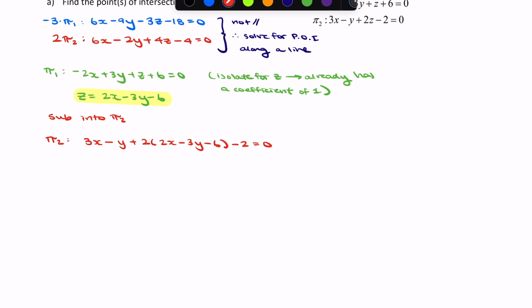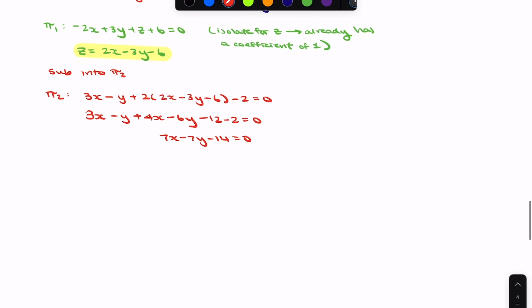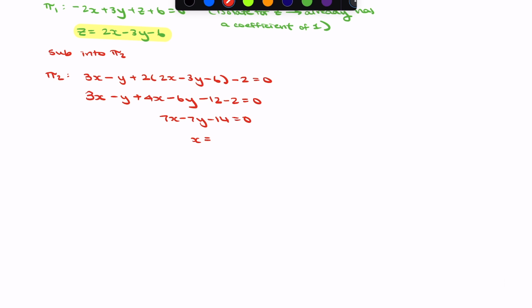If we expand that, we get 3x minus y plus 4x minus 6y minus 12 minus 2 is equal to 0. That'll leave us with 7x minus 7y minus 14 is equal to 0. So here, if we isolate for x, we will get x is equal to 2 plus y.